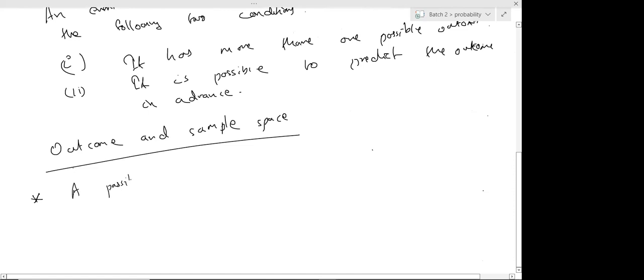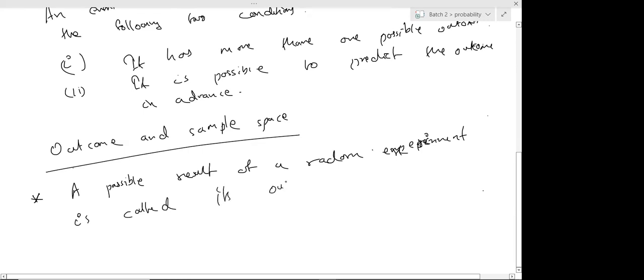A possible result of a random experiment is called its outcome.